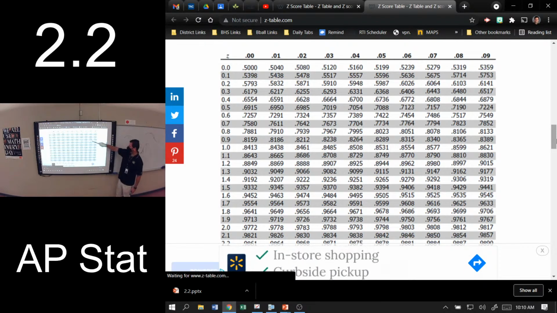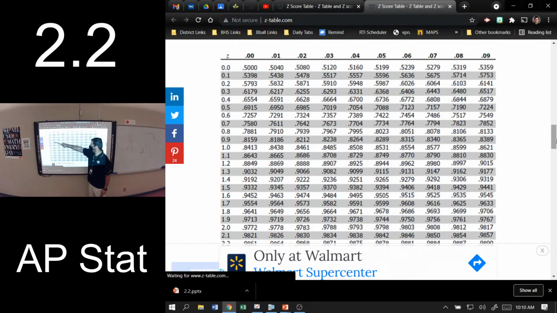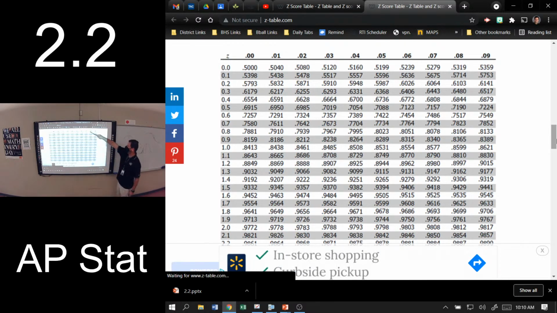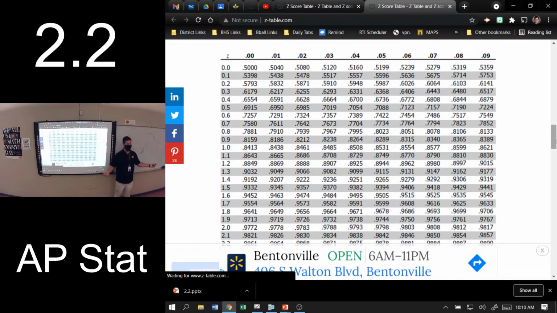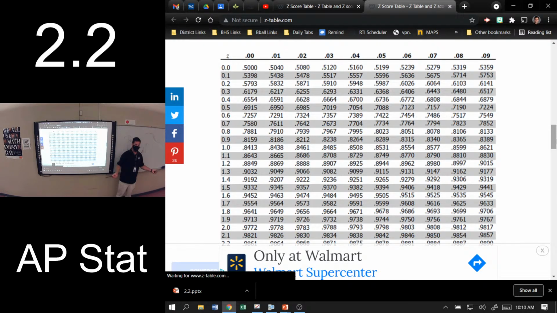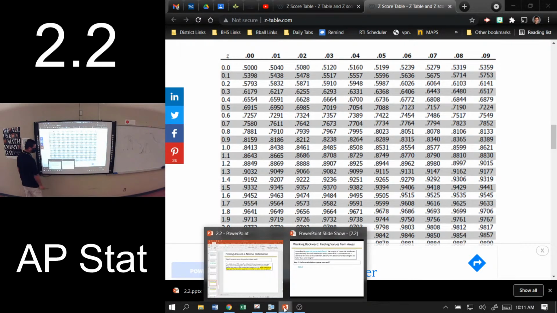There's not even a 75. But my guess is it's going to be 0.67 and a little bit more, but 0.67 will work. Fair enough. That's the Z-score for 75%. 0.67.